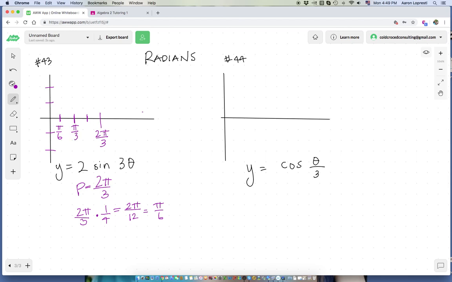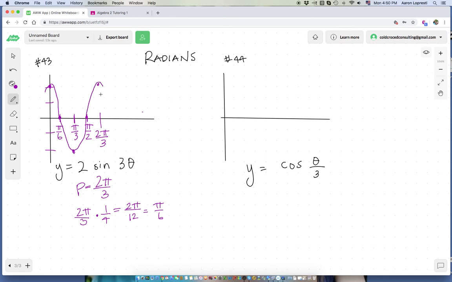Right, makes sense. If that's 2 pi over 3, half of that is pi over 3. And then I add another 1/6 pi. So 1, 2, 3 pi over 6. Well, that's just pi over 2. Okay. Cosine starts up at 2, up, middle, down, middle, up. And there you go.